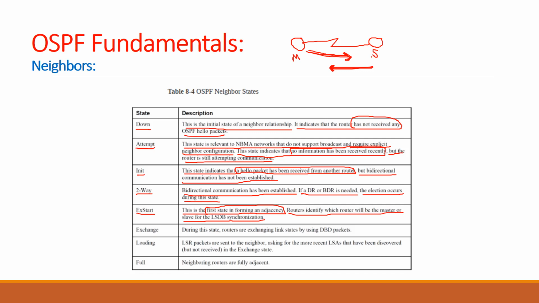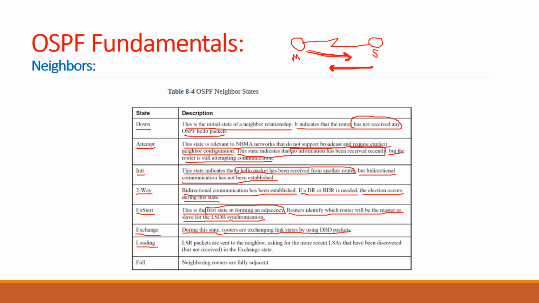Why? For the link state database synchronization. They will start in the other state, which is exchange, to exchange the database description packets. So during this state, routers are exchanging link states by using database description packets.